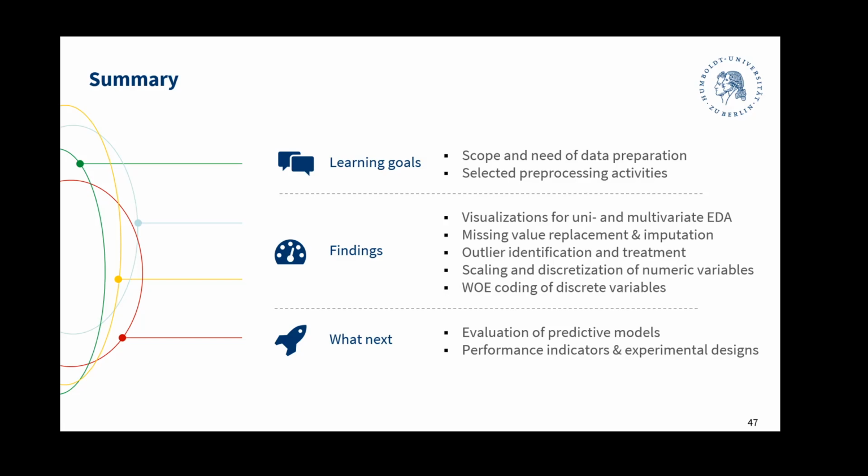EDA also helps you to identify missing values, and you have learned about ways to replace or impute them and what the difference between the two is. Same with outliers. And the last bit was a bit more specific: scaling and discretization for numerical variables, coding of categories, possibly with the weight of evidence approach. My hope is that by now you have a good set of tools available to massage data prior to throwing that onto a decision tree or a regression model or whatever type of model you consider.